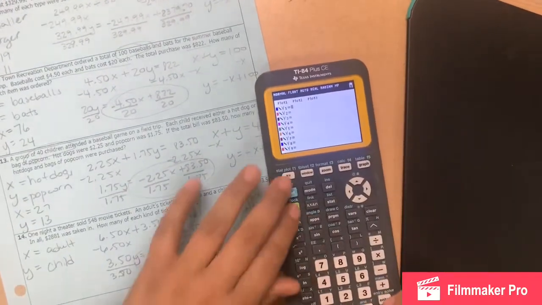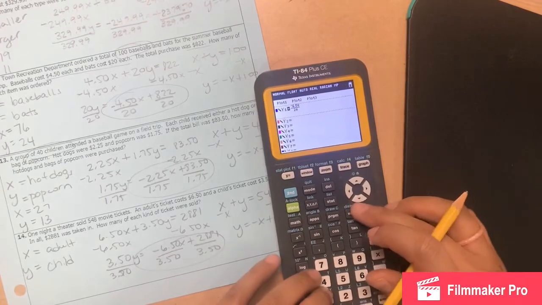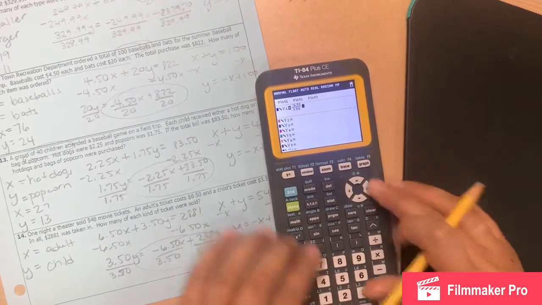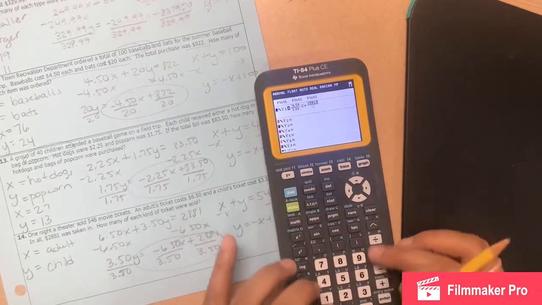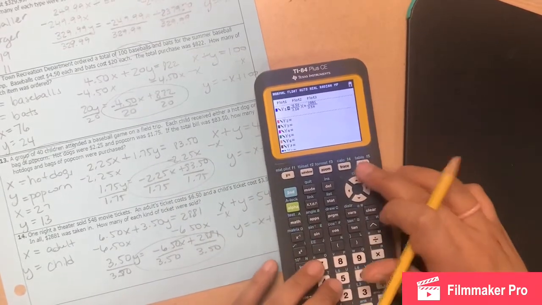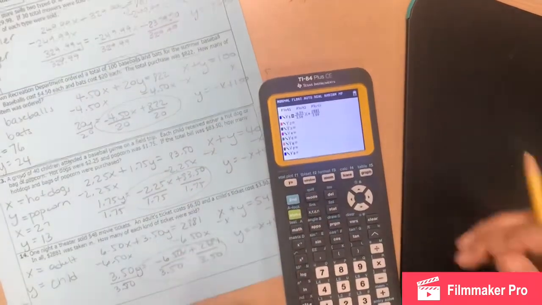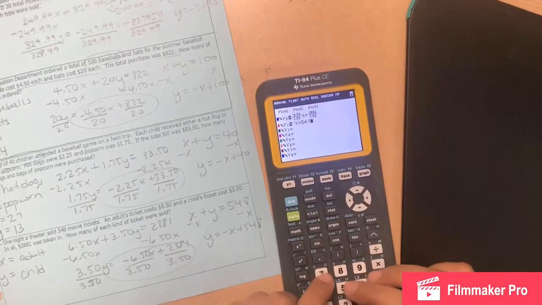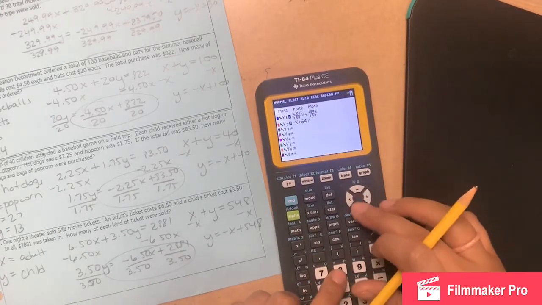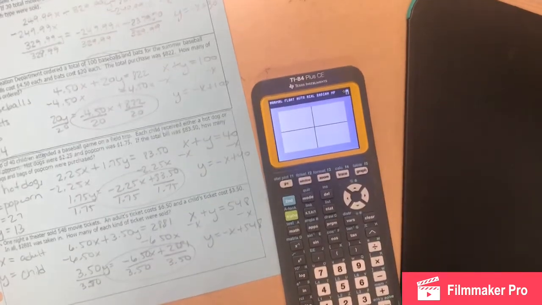So I have negative 6.50 over 3.50x plus 2881 over 3.50. Oh man, I had forgotten to put the other one. Negative x plus 547. Nope, 548. Don't rush.